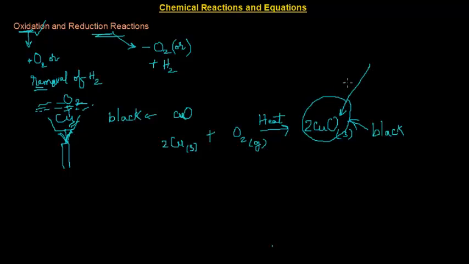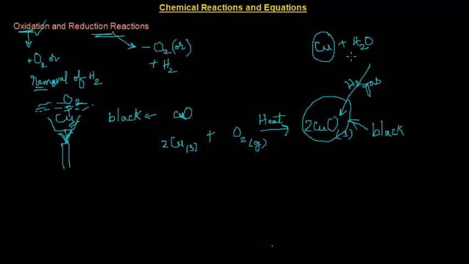That means when hydrogen gas is passed through this heated copper oxide, what will we get? We'll get copper and water. What is happening here? Oxygen from copper oxide has been removed and copper is forming.